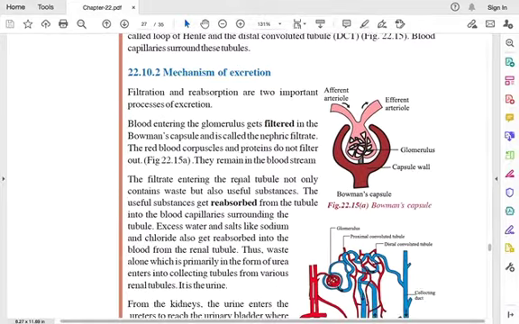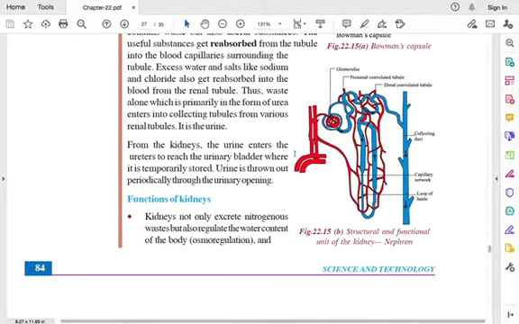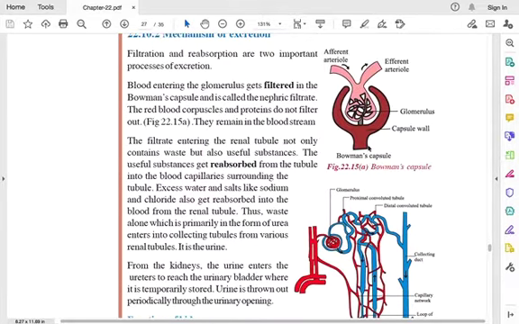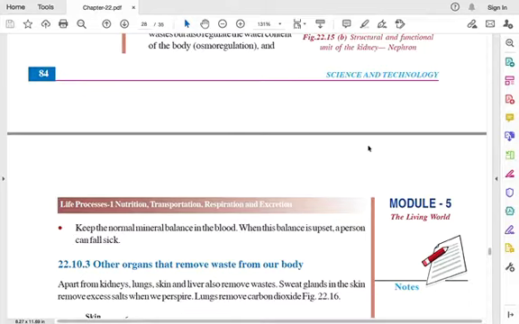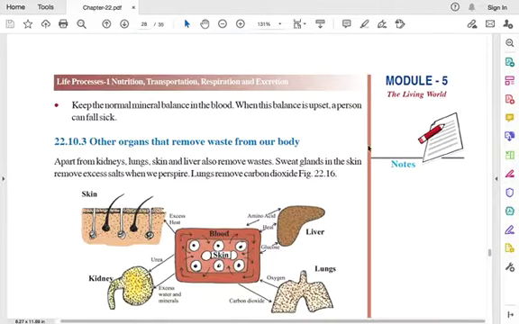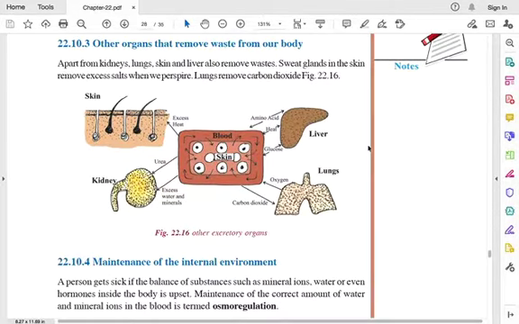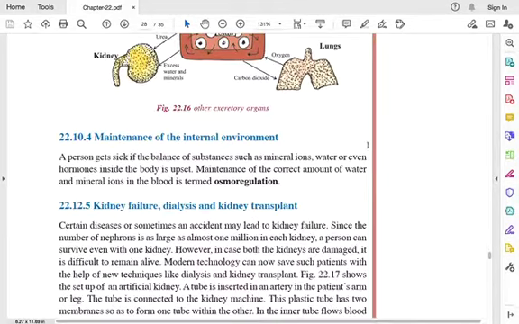Then we saw the mechanism of excretion, and we saw the nephron in detail, how the excretion happens in this process, okay, how the kidney functions. Then there are some other organs that remove the waste from our body, like skin. It removes excess heat, and lungs, carbon dioxide is removed through that, okay. All these things we saw.